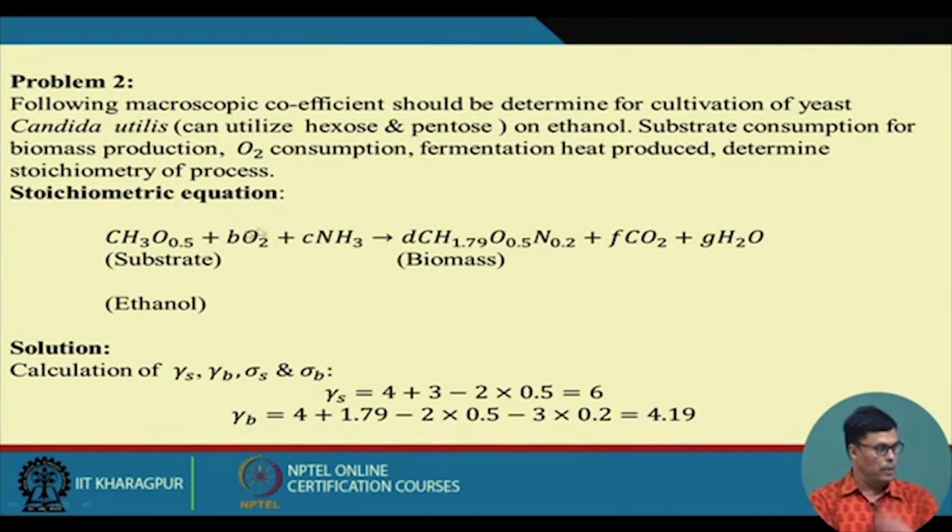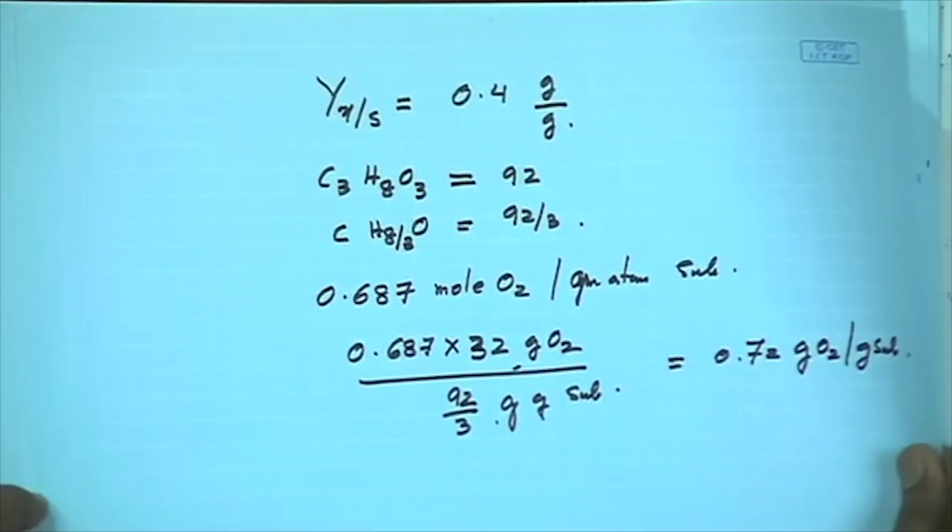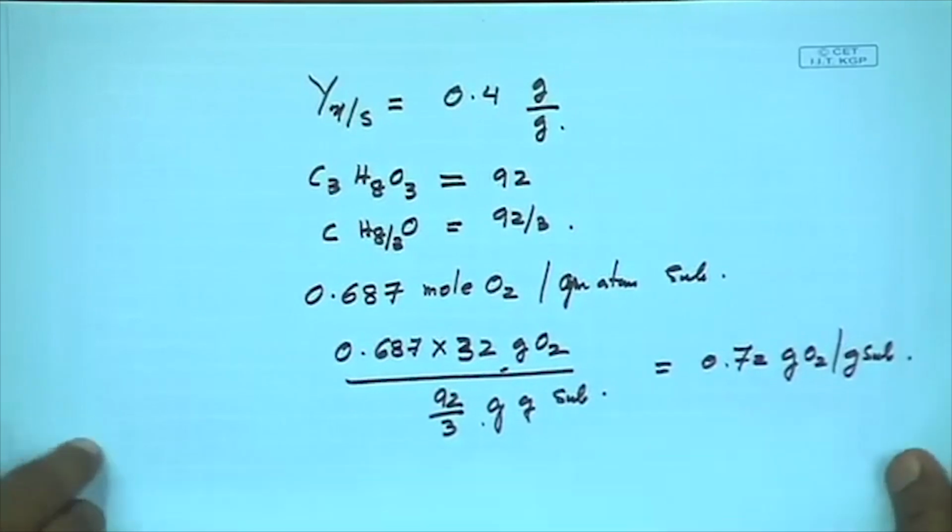These are the different parameters you have to determine, and as I pointed out before, whenever we want to solve any stoichiometry problem, first we should have some idea about the process, otherwise we cannot solve it.